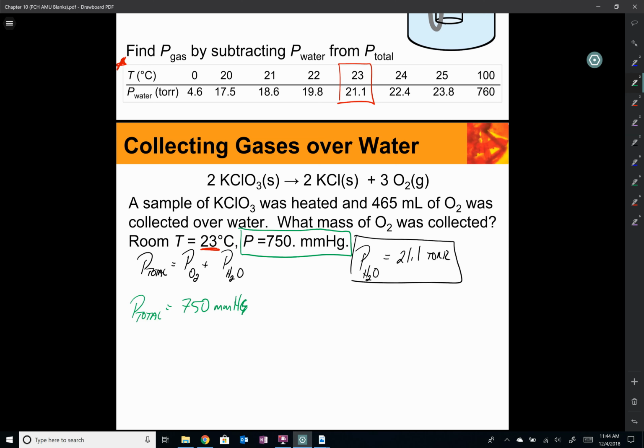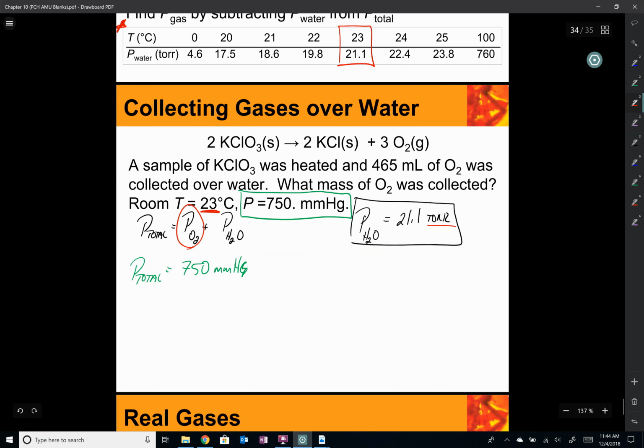So we're going to do a magic conversion here and figure out the pressure of O2. It just so happens that for every 1 torr, you have 1 millimeter of mercury, so this makes our math a little simpler. The partial pressure of O2, PO2, is equal to P total minus P H2O.